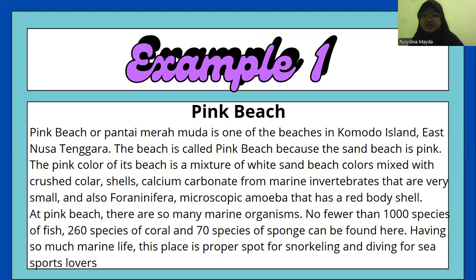The pink color of its beach is a mixture of white sand mixed with red shells from marine invertebrates that are very small, also foraminifera, an amoeba that has a red body shape. At this beach, there are so many marine organisms, no fewer than 1,000 species of fish.